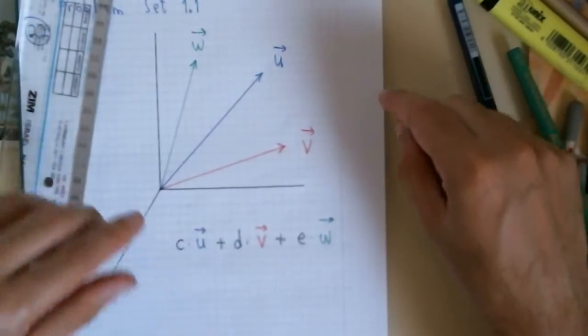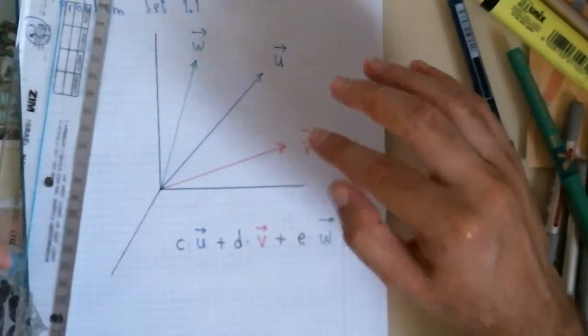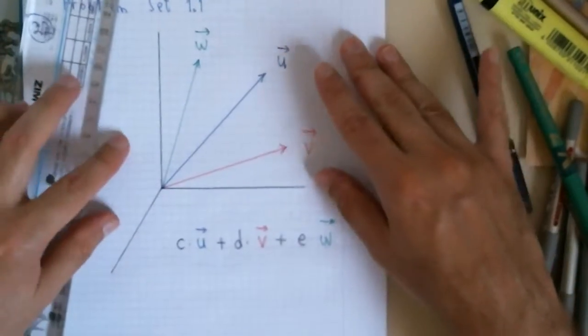And they limit us so that c and d and e altogether, the most that they can be is 1.